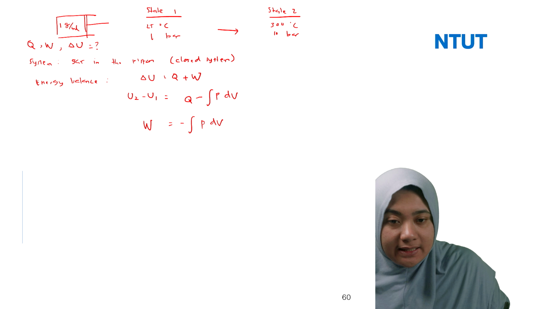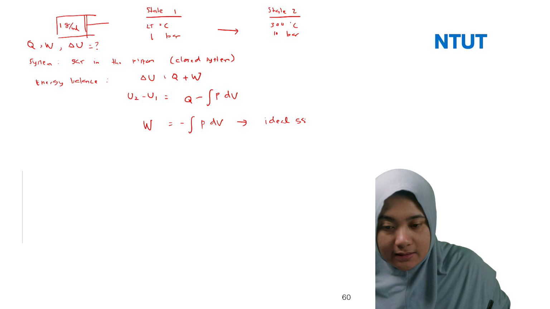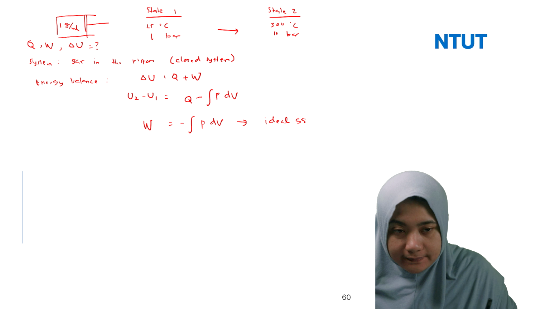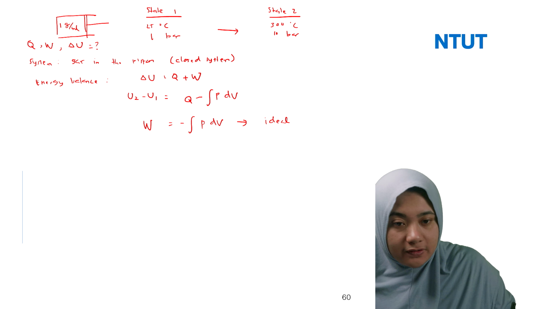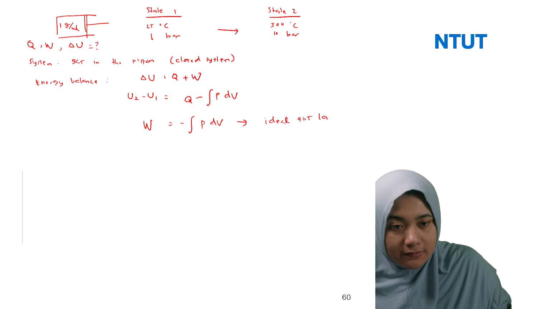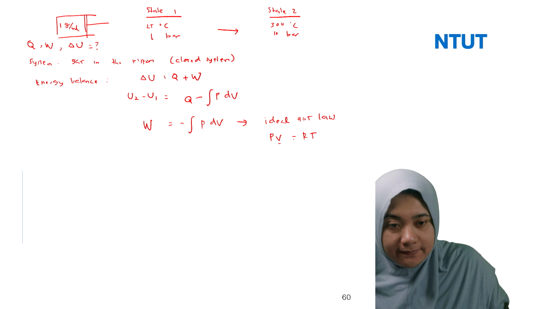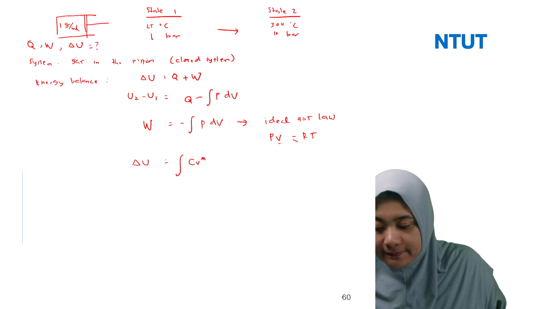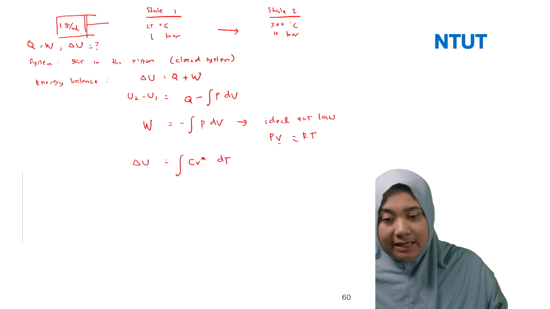So for the ideal gas law, you have PV equal to RT. In this case, you can calculate delta U, which is equal to integral Cv delta T.